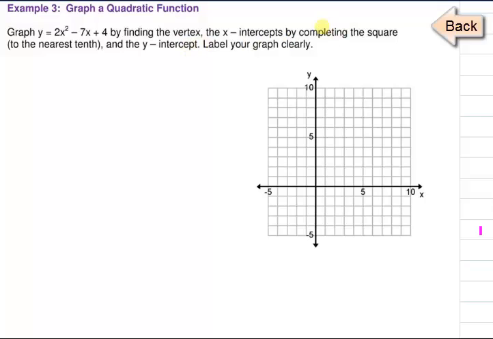And I'm going to ask you also to include the axis of symmetry, and the domain and range.